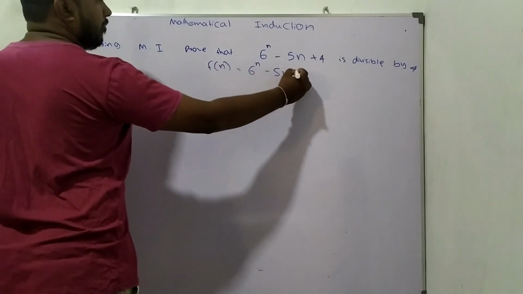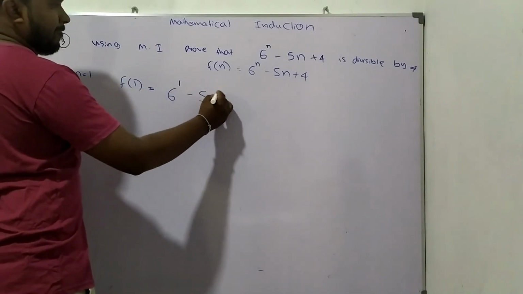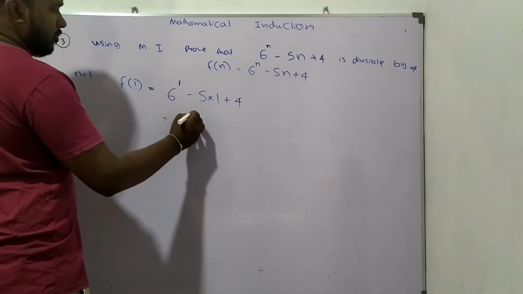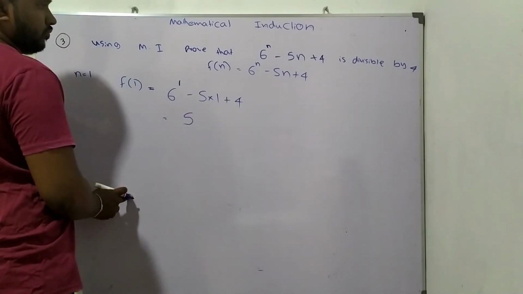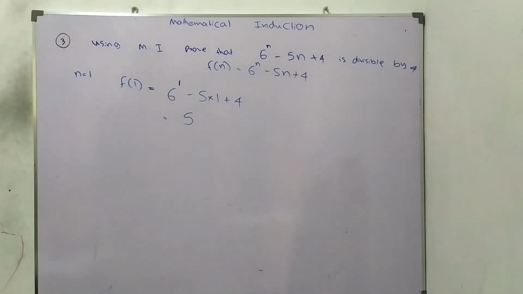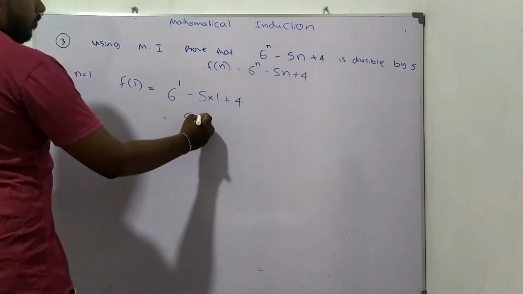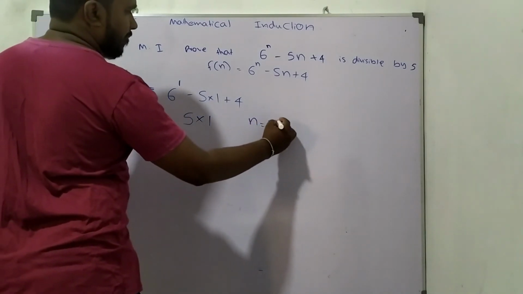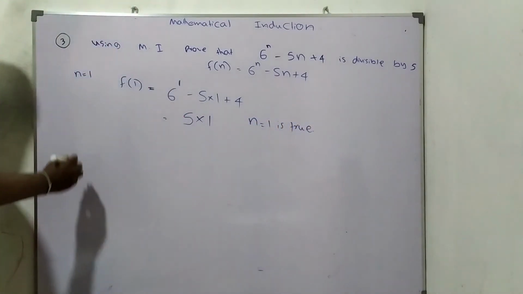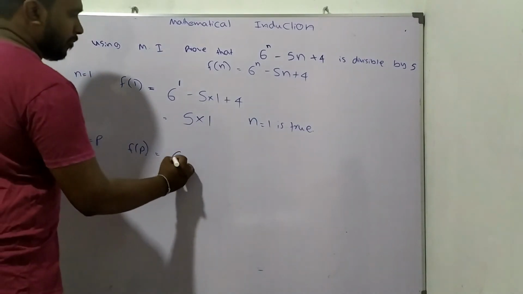6^n minus 5n plus 4 is divisible by 5. You have to show n equals 1 is true. So I got 5, which is divisible by 5. n equals 1 is true. And next, n equals p, we assume it's going to be true.